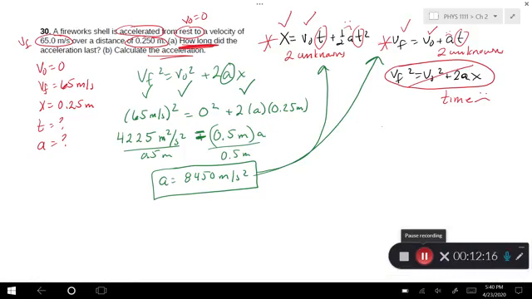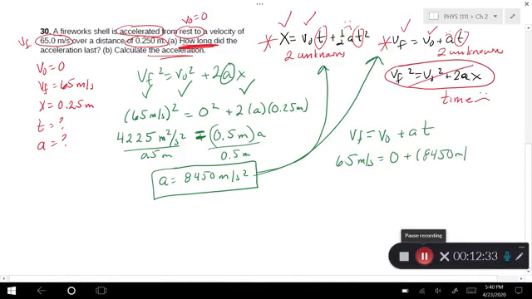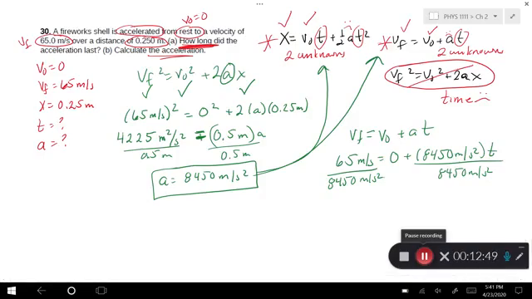So 65 meters per second squared is 4,225 meters squared per second squared equals 0.5 meters times A. Now, for me to get the 0.5 over, I need to divide everything by 0.5 meters. So divide that by 0.5, and I get an acceleration equal to 8,450 meters per second squared, which seems like a ridiculous amount of acceleration, but you're only doing this over about 25 centimeters, and you're going from 0 to 65 meters per second.